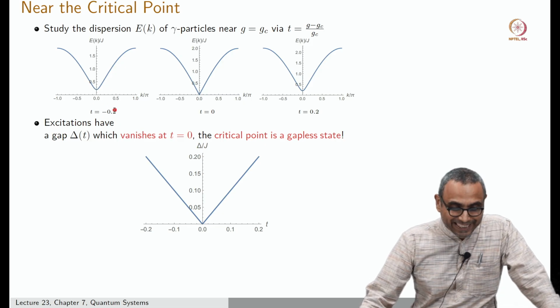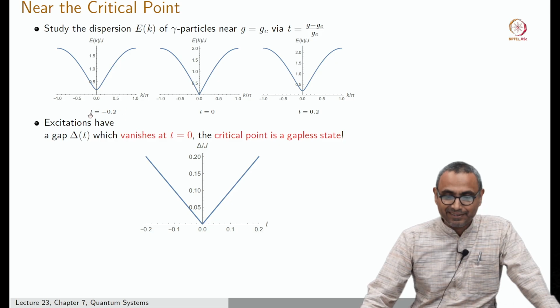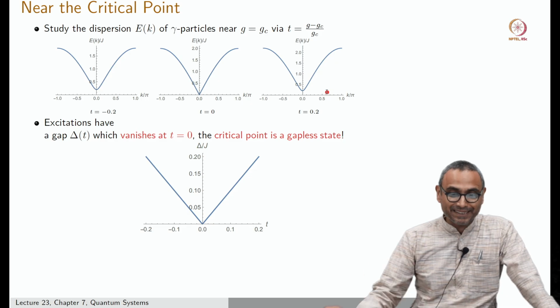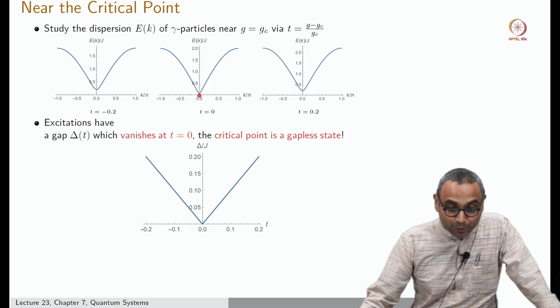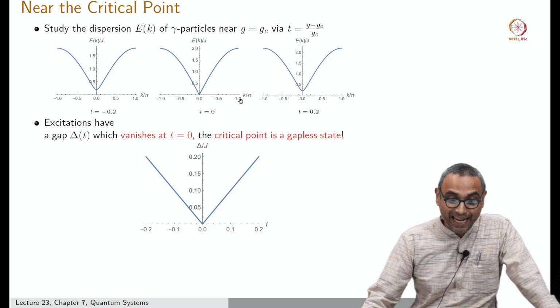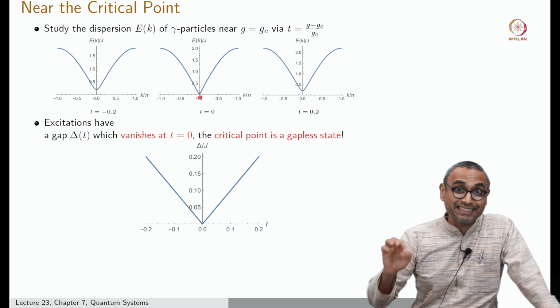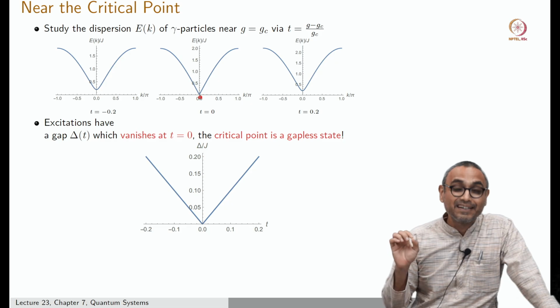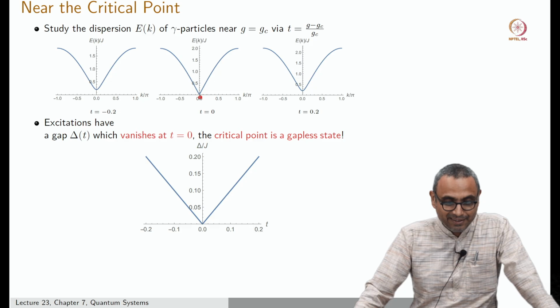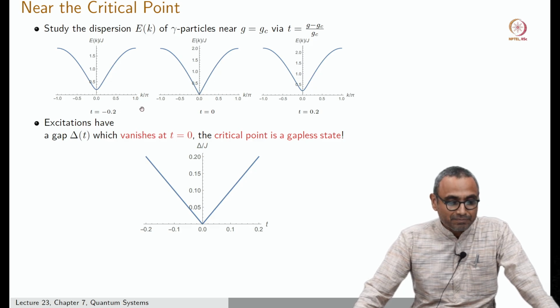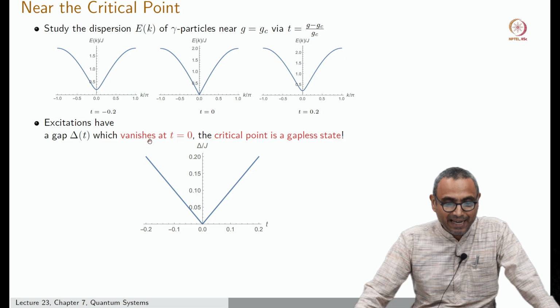This is true when t is negative, as here, and also when t is positive. Now watch what happens when t is equal to 0. When t is equal to 0, the gap vanishes, and in fact at crystal momentum k equal to 0, E of k is exactly 0 when little t goes to 0, namely G is equal to G critical. You can plot this gap as a function of t, and I have obtained this analytically.